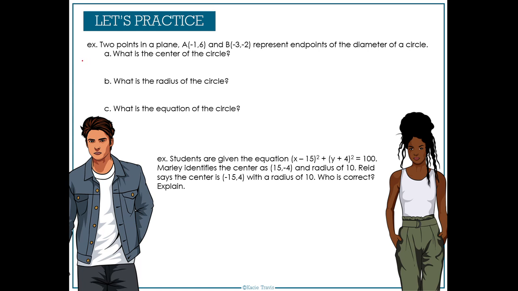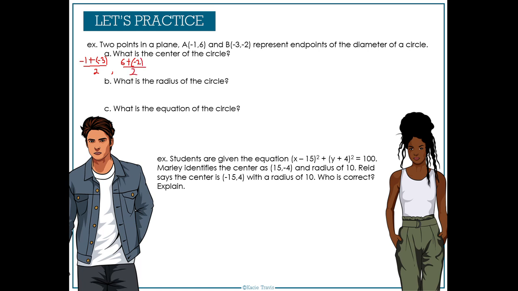So we take our x values, 1, -1, plus our other x value, -3, and divide it by 2. And then we do the same thing for the y's. So we have 6 plus -2 divided by 2.